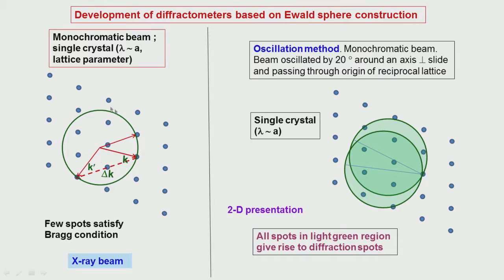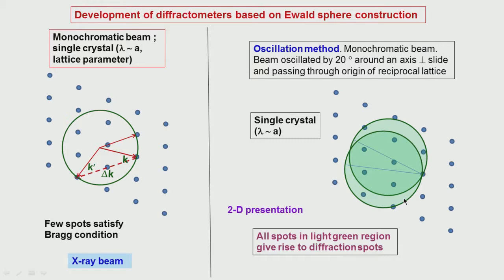Once the sample is fixed, the Ewald sphere is already fixed, and now around this axis we are only trying to rotate the Ewald sphere. I have just shown the two extremities. Now, all the spots lying on this light green region between these two, where they are intersecting, will appear on the diffraction pattern. This is precisely what happens in the oscillating crystal method.